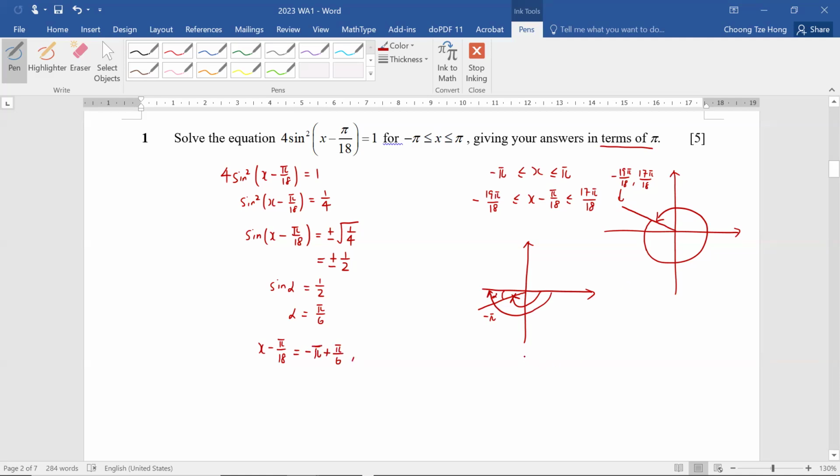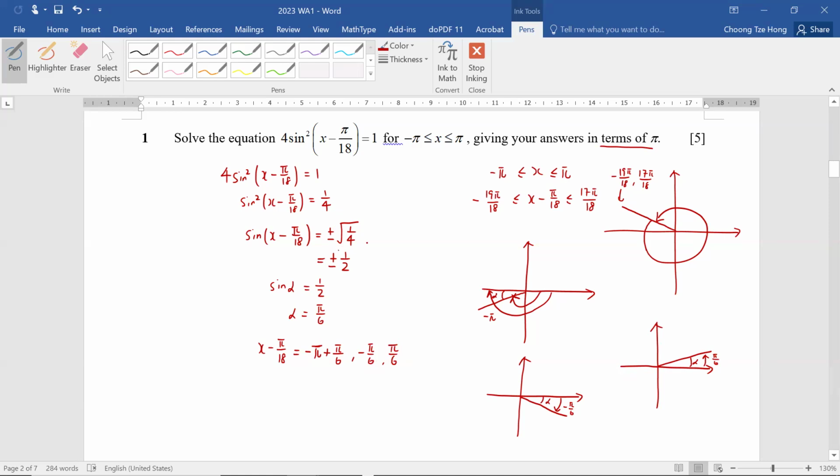The second angle would be the fourth quadrant one. The fourth quadrant is very easy. This is just alpha, and the angle that we want is here, so it will just be negative pi over 6. Then the third angle will be inside the first quadrant. We are going from the most negative to the most positive. The first one will be alpha here, so it will just be pi over 6. Remember, why are we searching all four quadrants?